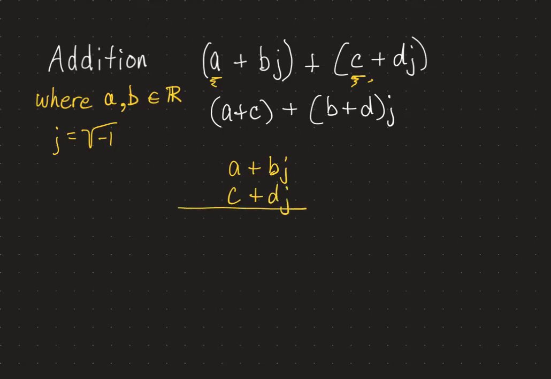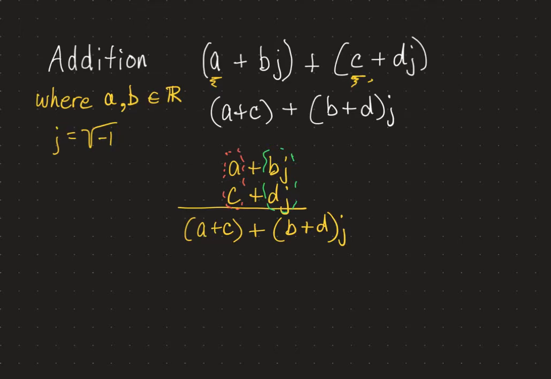And then it becomes clear that you're going to add these numbers, and then you're going to add these numbers. So you would again get a plus c plus b plus d times j. It's just a little bit easier for me to imagine it that way.